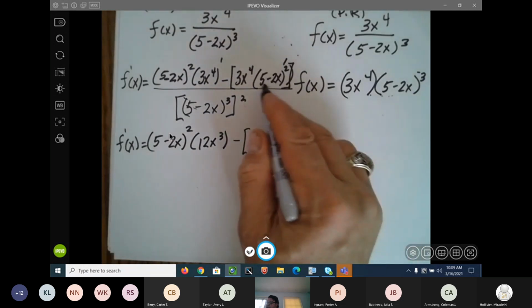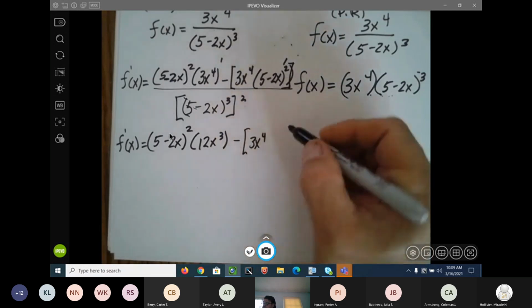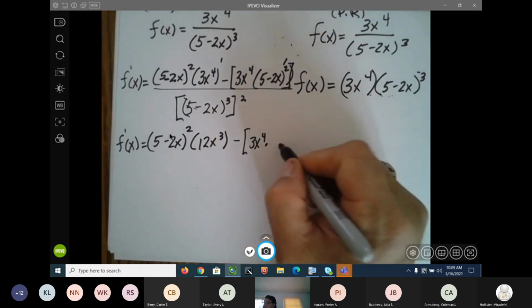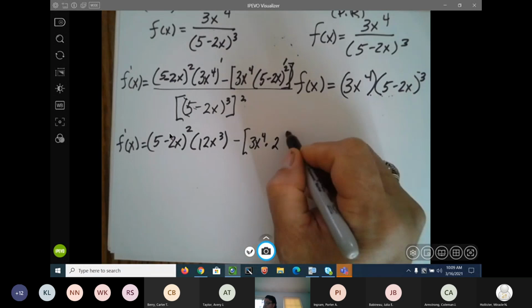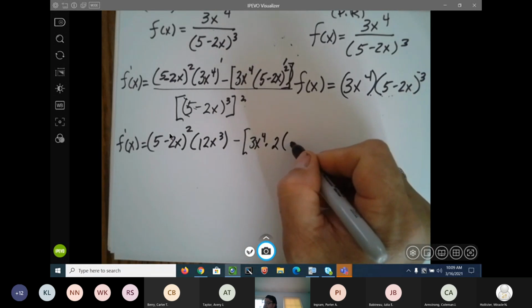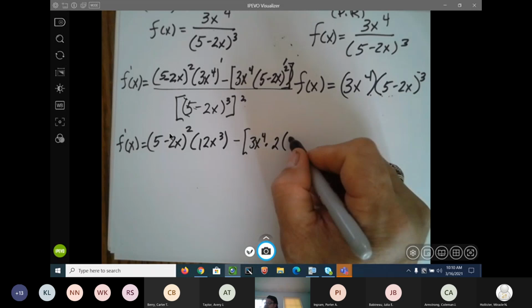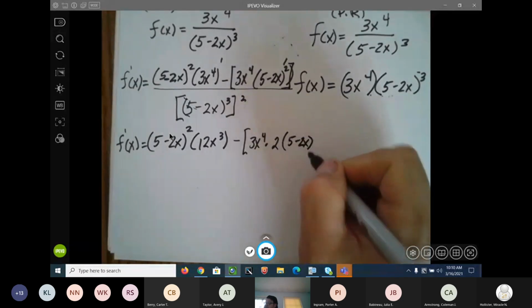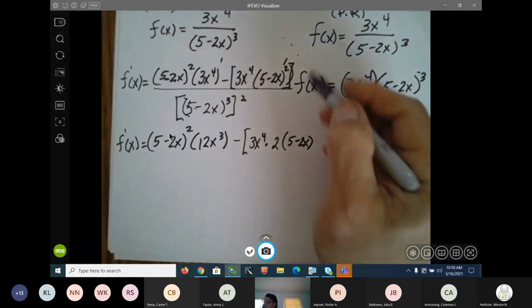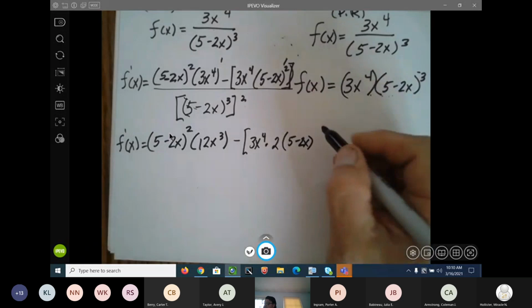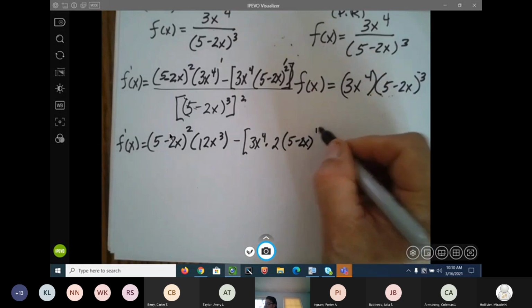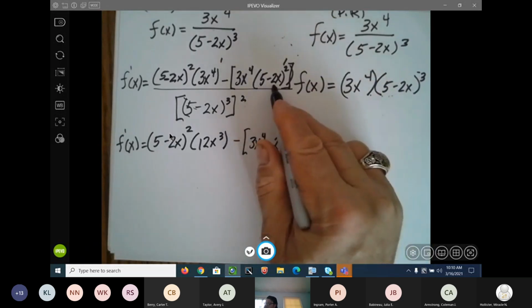And this right here is going to be the chain rule, times 2, 5 minus 2x, and then 2 minus 1 is 1, and then what is the derivative of negative 2x?